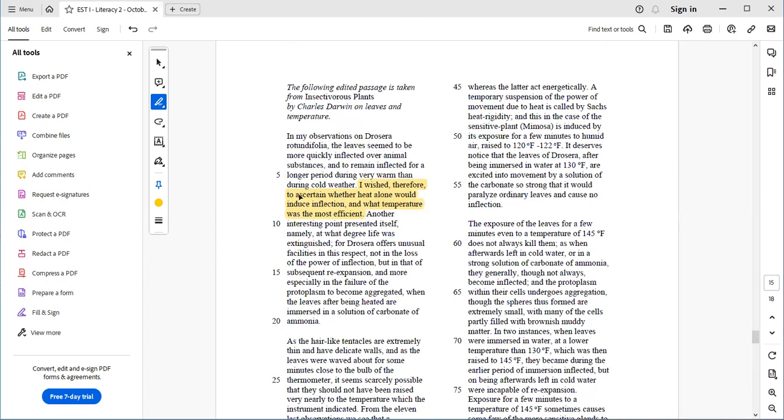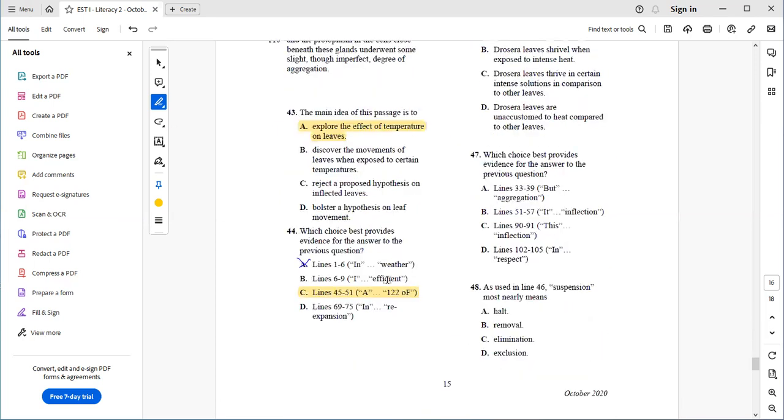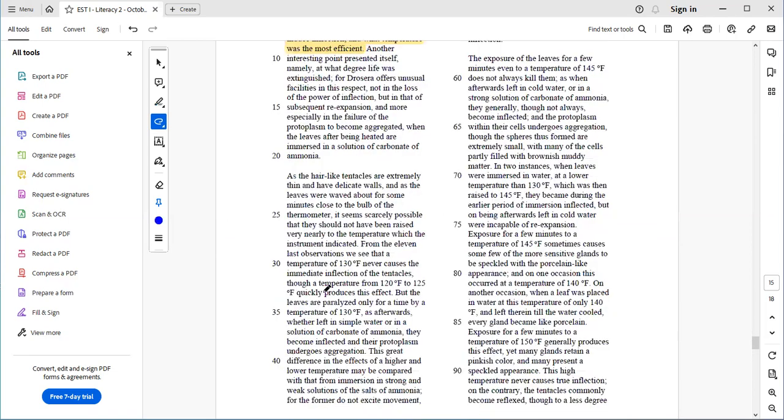So he wants to be sure that heat alone would induce inflection, will cause inflection, and what temperature was the most efficient. Okay, perfect. Let's find which one will match. Explore the effect of temperature on leaves. Yes, I think this is right. It matched with B, Hala.